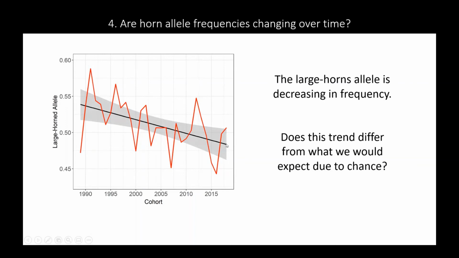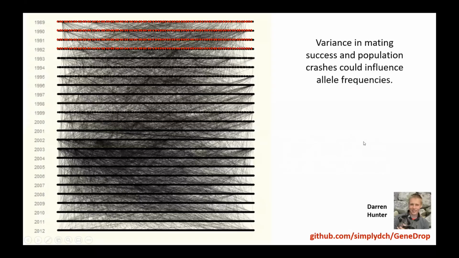And we wanted to determine if this change in allele frequency actually differs from what we would expect due to chance or due to genetic drift. This is because a population such as the Soay sheep is not a Fisher-Wright, Hardy-Weinberg equilibrium kind of population.